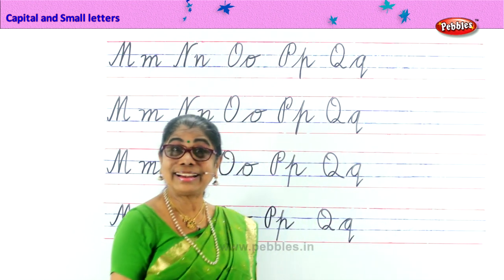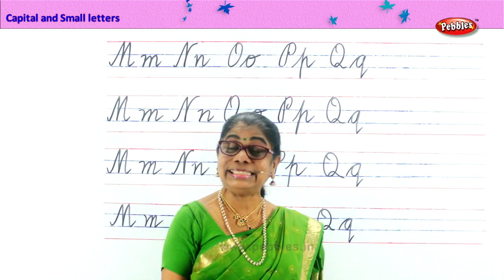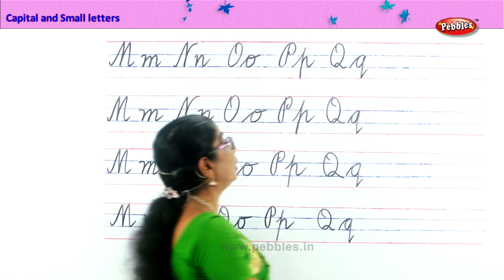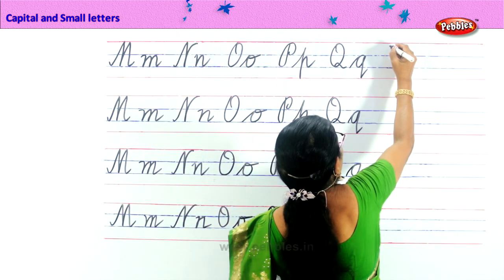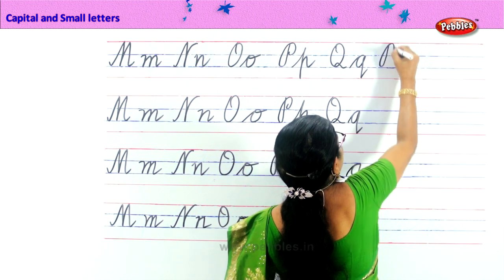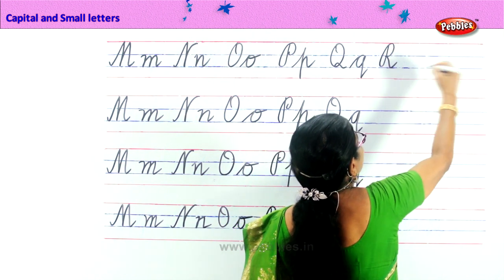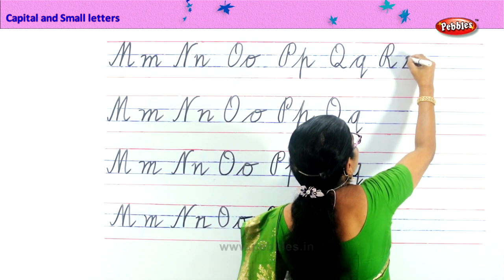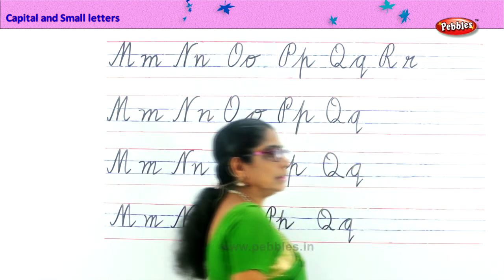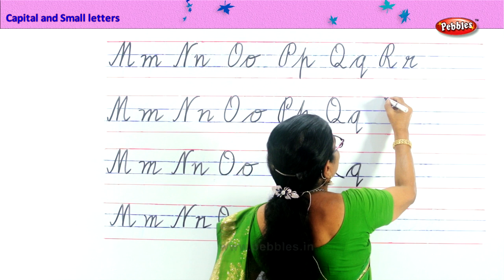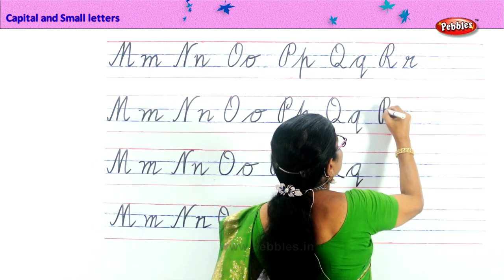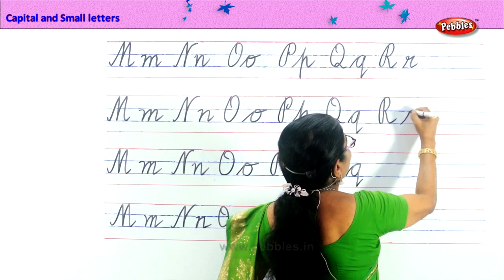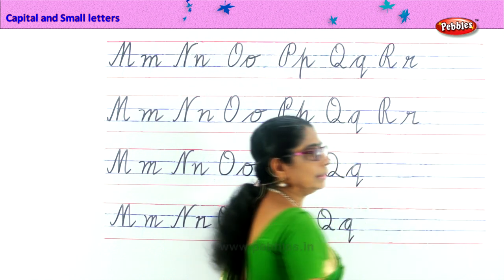Next, R. What's the sound of R? R. Both capital and small letter. Let's try. R is like P, something like that, and the small r is like this. The capital R goes like this, and the small r is like this.